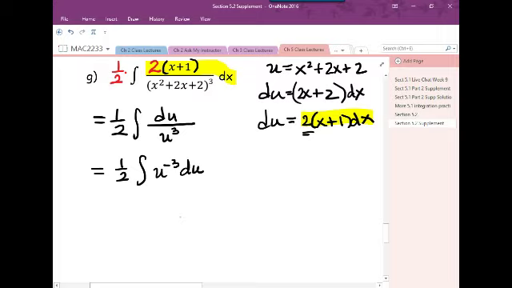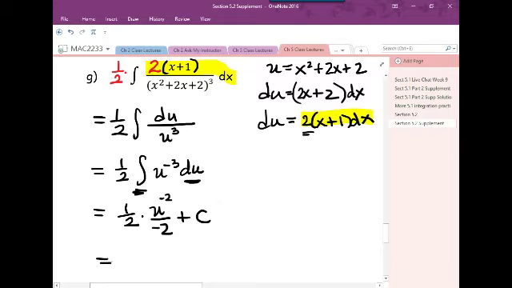Now we can use the power rule of integration. So that's going to be 1/2, and remember that when we apply the integration rule, the integral symbol and the du are linked, so once we integrate, those go away. Then we just have u to the negative 3 plus 1, which is negative 2, over negative 2. And then always the plus c.